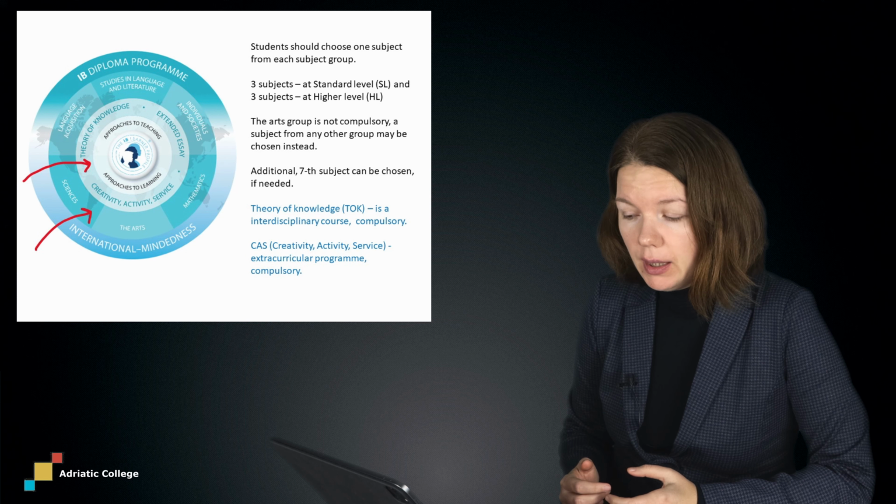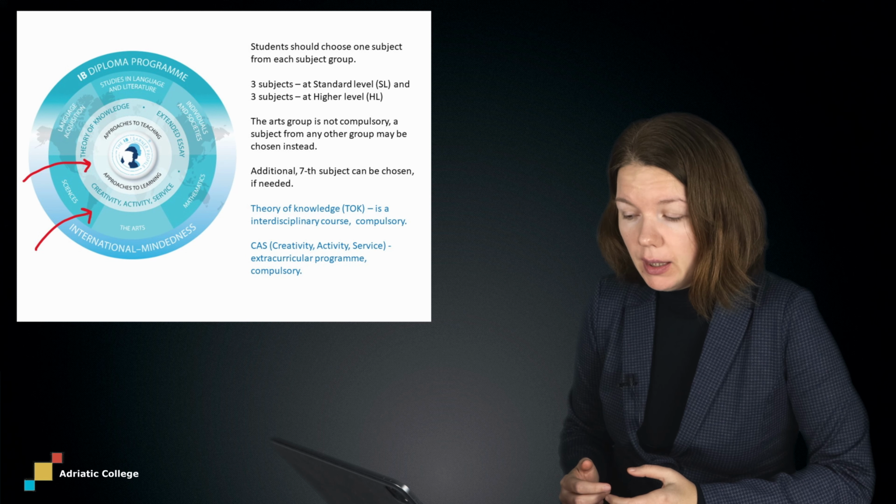The arts group subjects are not compulsory, and instead of an art subject, students can choose any other subject from any other subject group. Some students choose an additional subject.